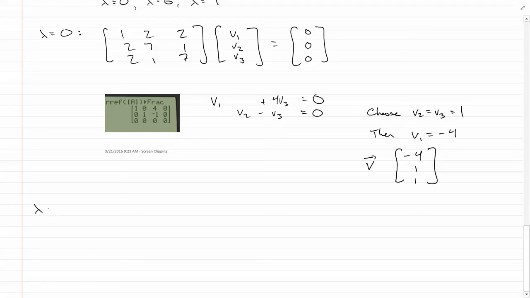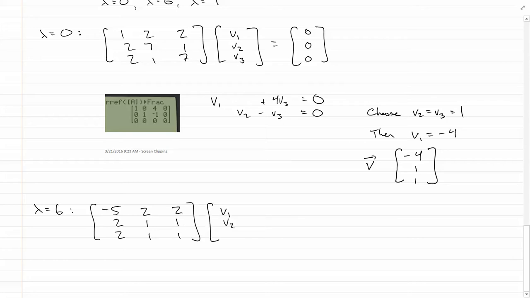We do the same thing with the other two eigenvalues, right? The next eigenvalue is 6. Okay, so we take this matrix, but remember it's the diagonal entries that are actually minus lambda. So 1 minus 6 would be negative 5. So we'd have negative 5, 2, 2, 2, 1, 1, and then 2, 1, and then 7 minus 6 is 1.